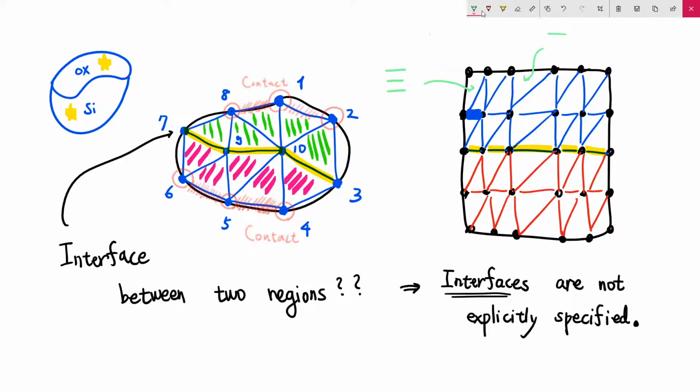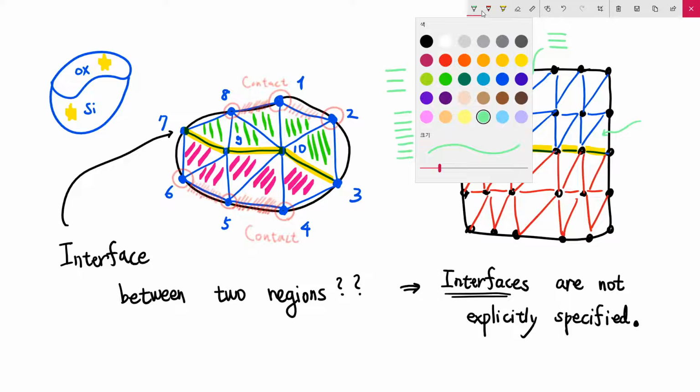Then now you can list all edges. From these blue regions you can make a global list of your edges.